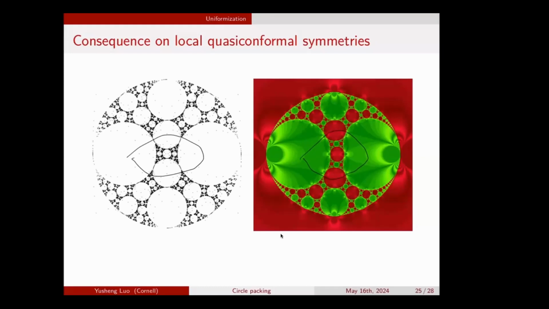And if you look at the interior bounded by these 4 circles, they almost look the same. If we rotate by 90 degrees, then they're exactly the same. And when we rotate by 90 degrees, they are quasi-conformally homeomorphic as well. So what we can construct here is a very interesting example where you have a Kleinian circle packing and a gasket Julia set. They are locally quasi-conformally homeomorphic, but not globally homeomorphic.